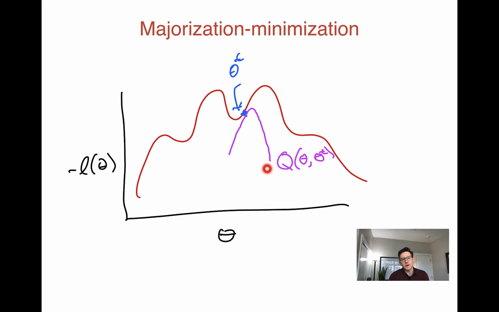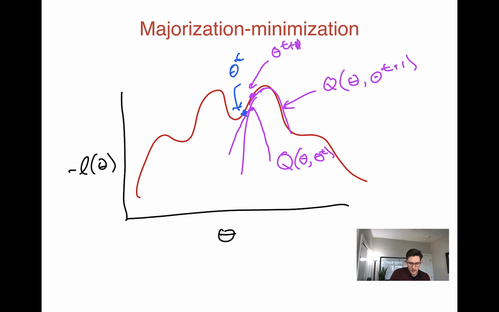So we're going to optimize q with respect to theta. That's going to give us this point here, which will become our new theta t plus 1. And then we're going to define a new q of theta, theta t plus 1 and continue the algorithm. And then we might end up here.